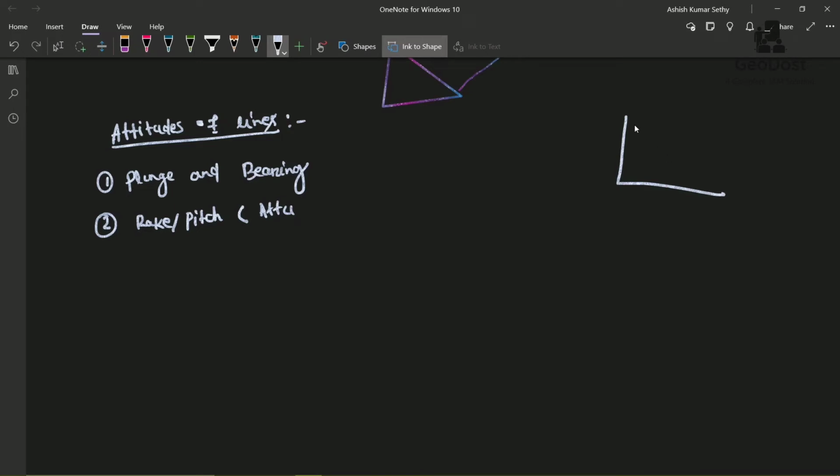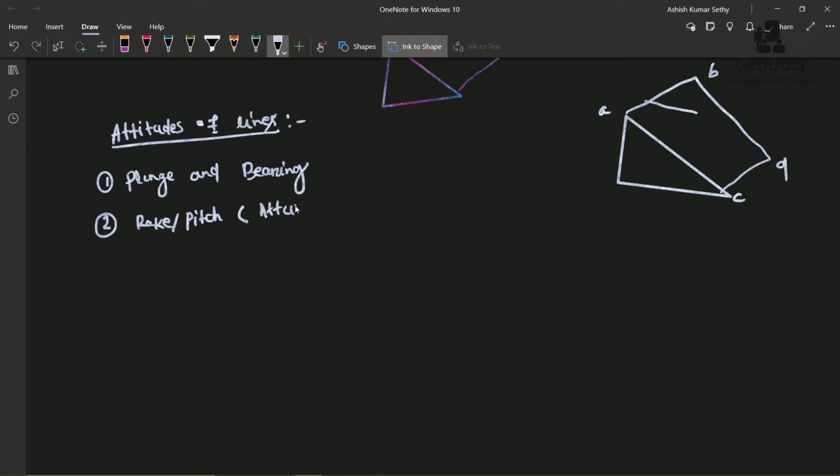That means if this is a linear structure on a planar structure, and this planar structure is ABCD, and you know the attitude of ABCD, attitude meaning strike, dip direction and dip amount, then if you just measure its rake, you have a sufficient amount of data to specify that line, okay.